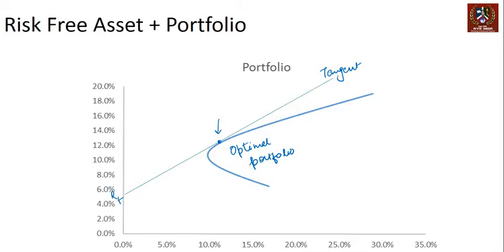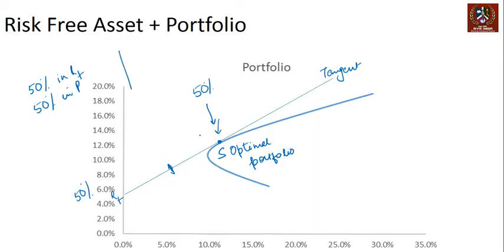Now let's note what happens across this line. If I choose to invest, let's say, 50% in this portfolio, and let's call this portfolio S, and 50% in the risk-free rate, then the return will be the exact weighted average of these two returns, somewhere here. But what will be the risk in this portfolio? That's something that we have to define. So there are two cases that we will take. One where we have 50% in the risk-free asset, 50% in the portfolio.